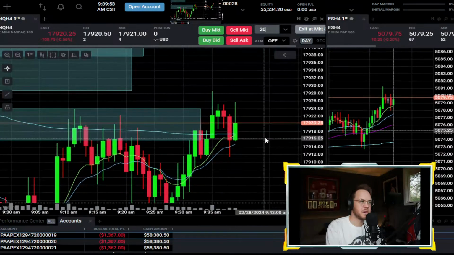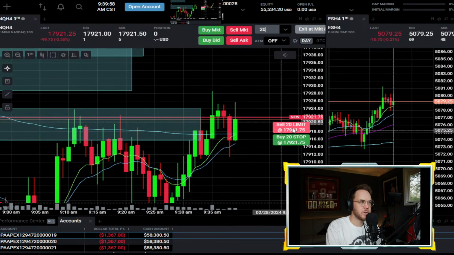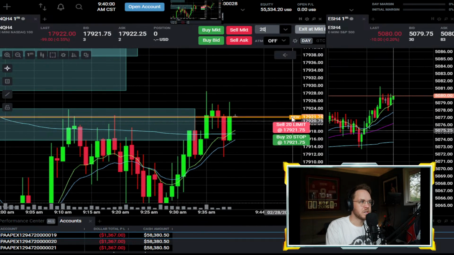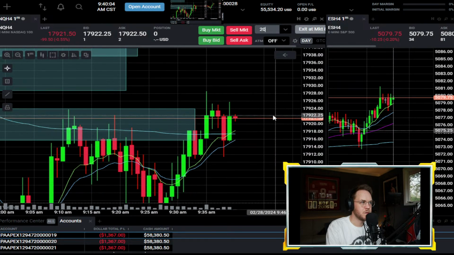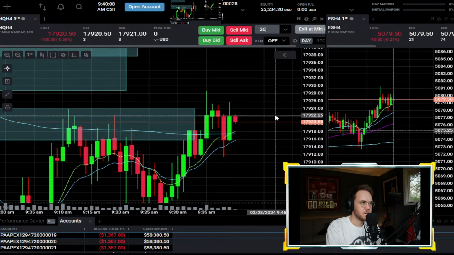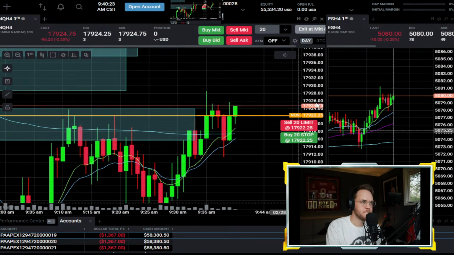All right, this may be a failed auction to the upside. Okay, here we go. We're going to see what this next candle does, and if this next candle fails to hold, yeah, we're going to look for a short here. Nope.